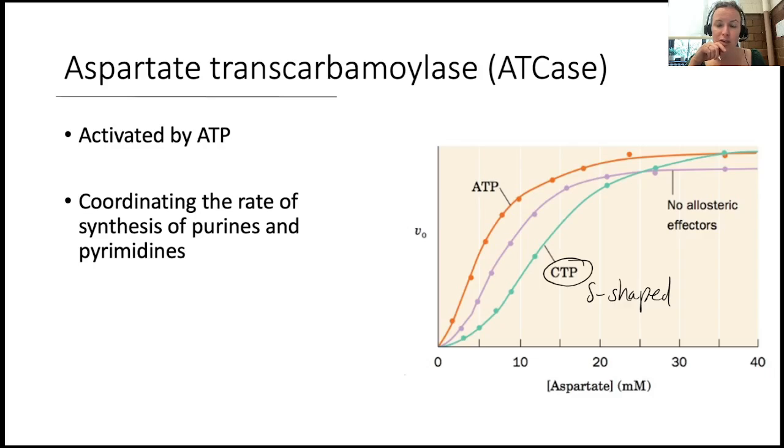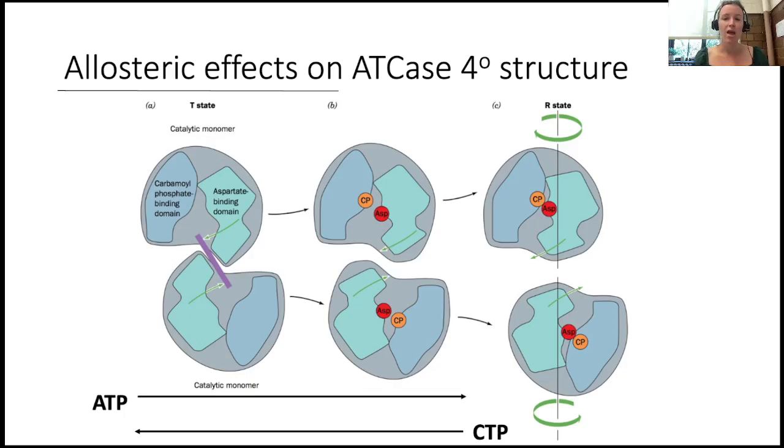So what's going on there? For us to understand what's going on, to make that curve more S-shaped, we need to zoom out to the quaternary structure of this enzyme ATCase.